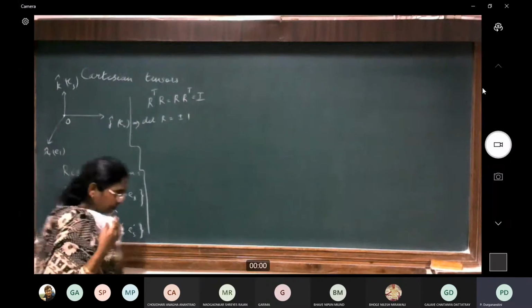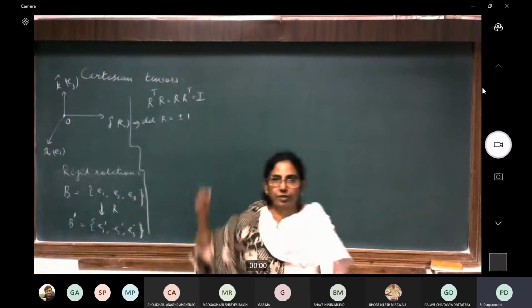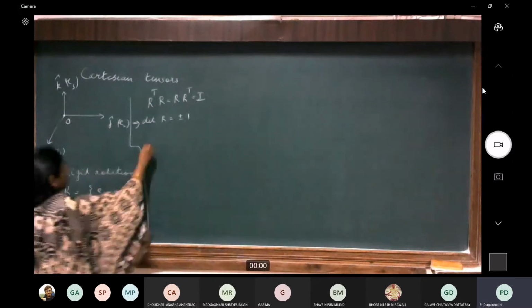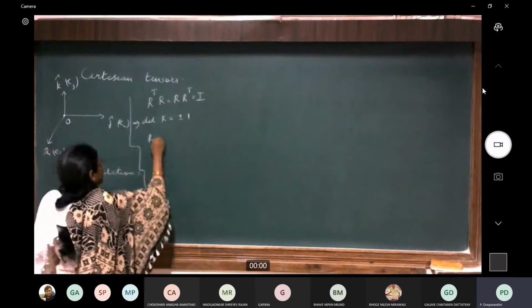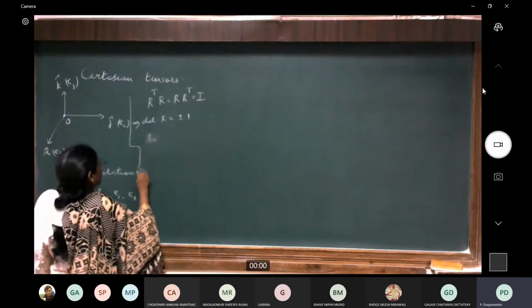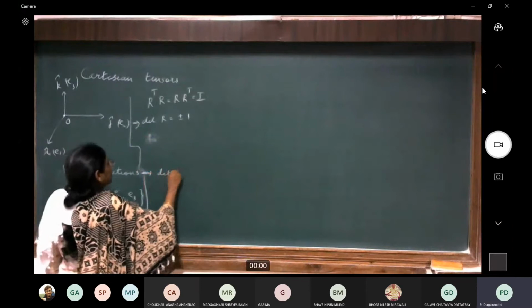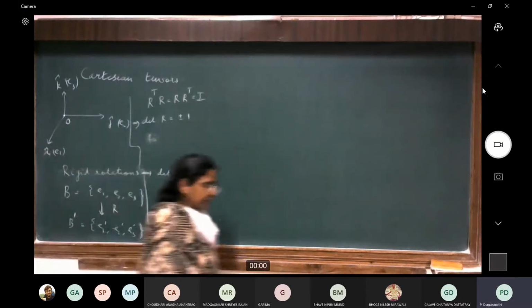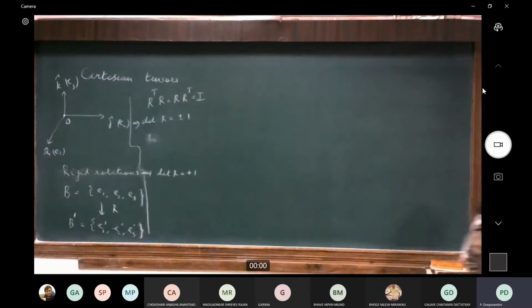And when I say I'm going to consider rigid rotations, it's not just that the origin or zero vector is being preserved. It also means I'm taking determinant of R equal to plus 1. In other words, if I started with a right-handed coordinate axis system, then I don't change the handedness.